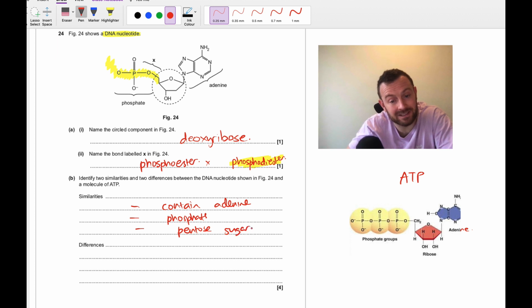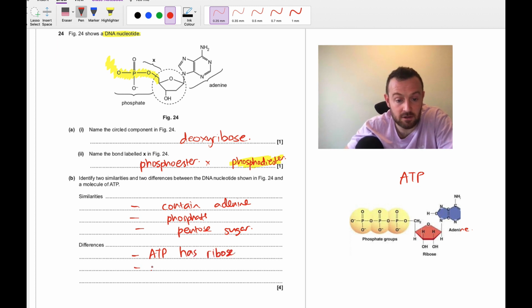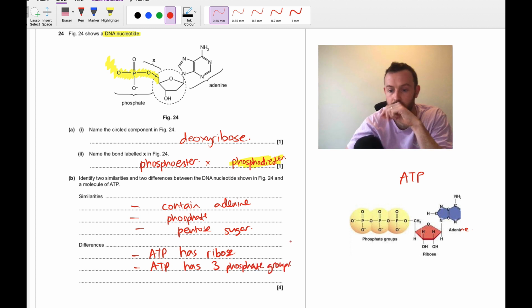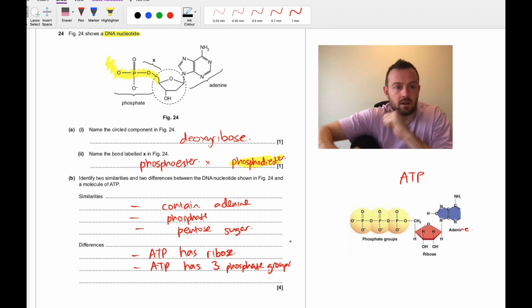Now, if we want to drill down into that, the pentose sugar could be one of the differences actually, because here we've got deoxyribose in DNA versus ribose in ATP. So ATP has ribose. Also, ATP has 3 phosphate groups. I think that's the only other difference I can think of.